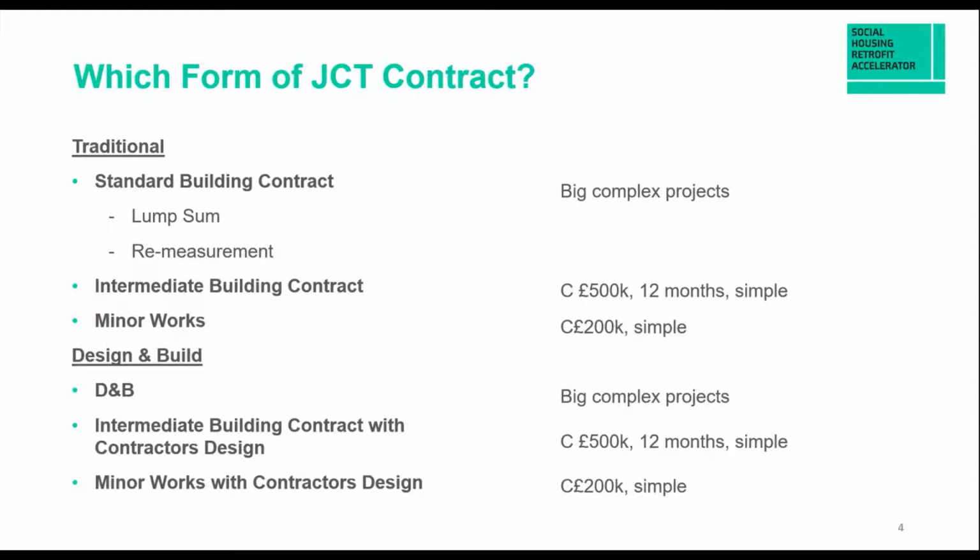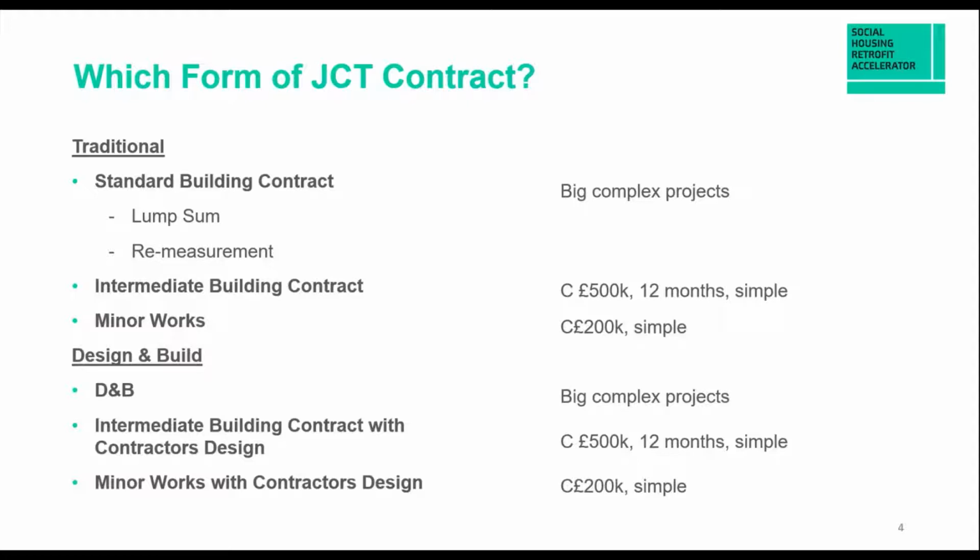So you'll see there for the traditional, you have the standard building contract, which is used for bigger, more complex projects. You have the intermediate building contract, which is for mid-value, around 12 months, more simple than the complex ones.